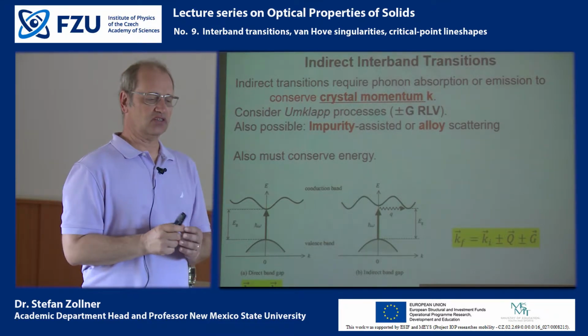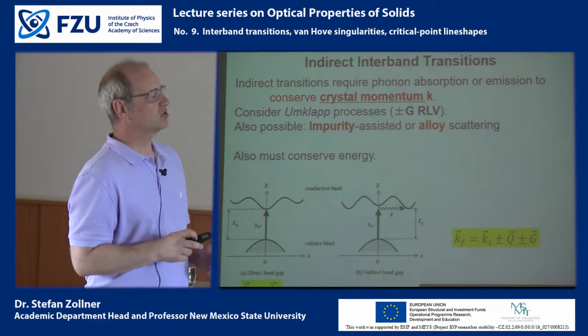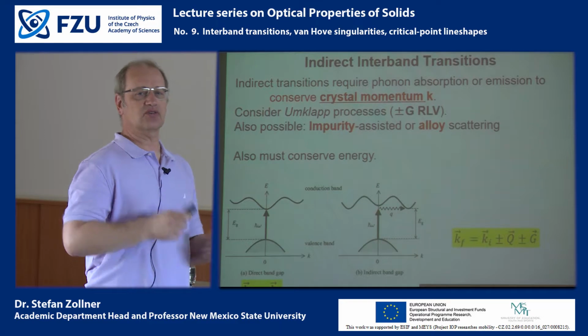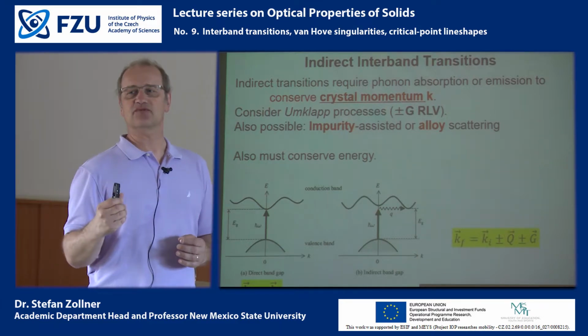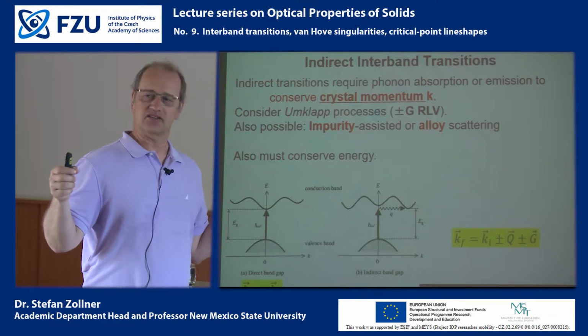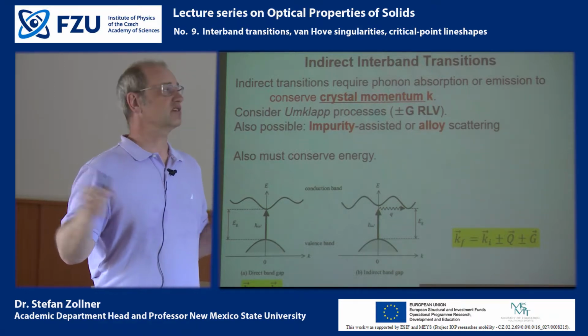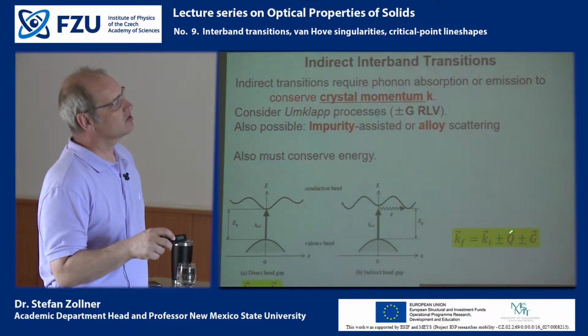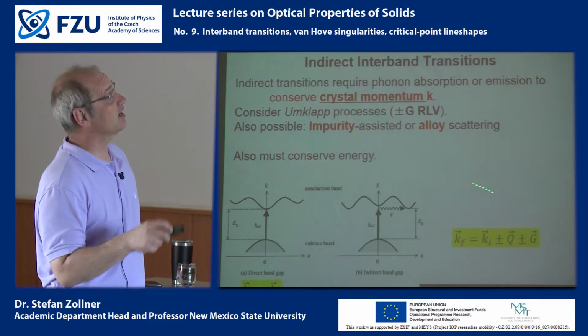So we could start the transition on one side of the Brillouin zone and end up at the other side, because these two points at opposite ends of the Brillouin zone only differ by a reciprocal lattice vector. That's why we have this plus or minus G, reciprocal lattice vector.